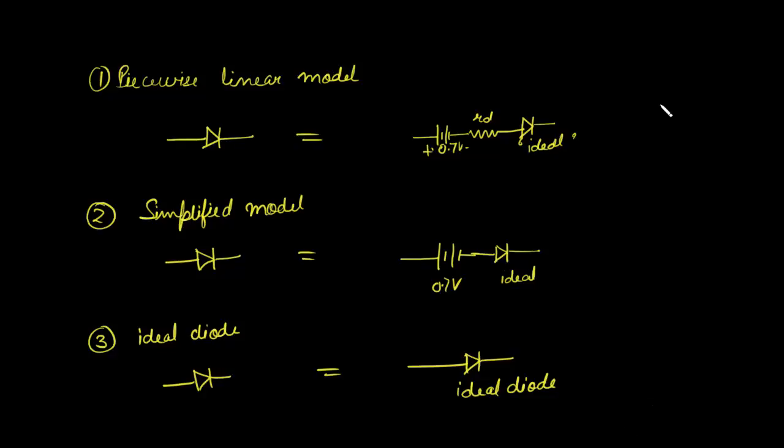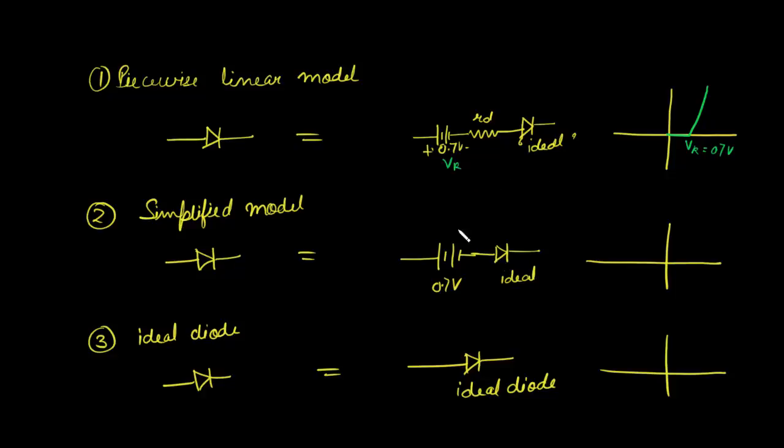Looking at the characteristic curves that will come when we choose these different models. For a piecewise linear model, we will have a curve something like this. This is up to Vk or 0.7 volt.